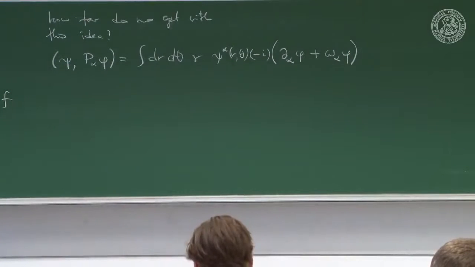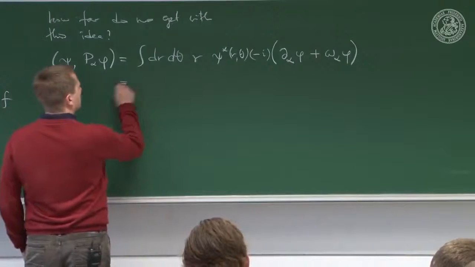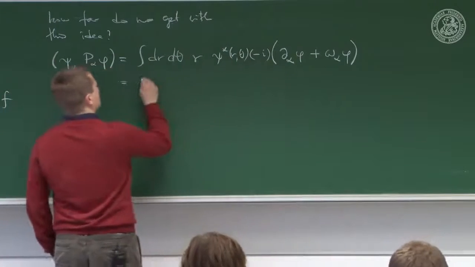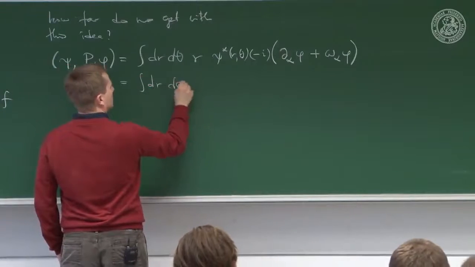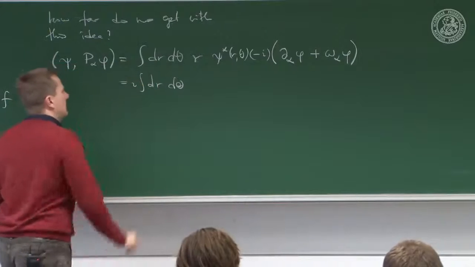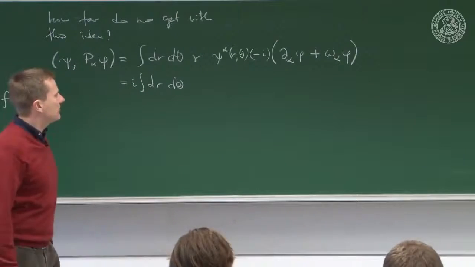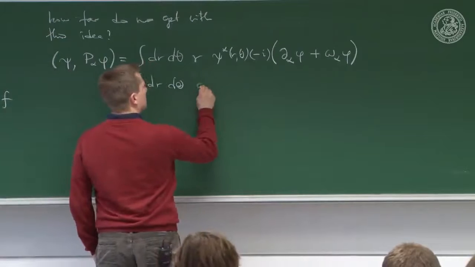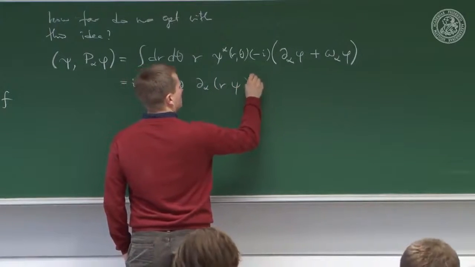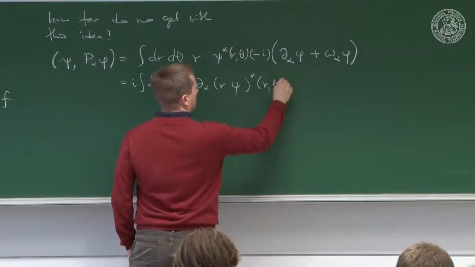This is this guy. And now we do precisely the same calculation. We pull this over to here. This is dr d theta. The minus I becomes an I because of the integration by parts. Del alpha r psi star of r and theta.